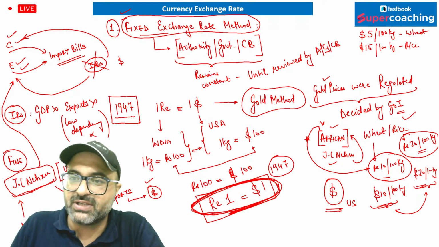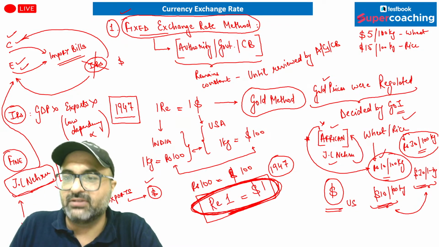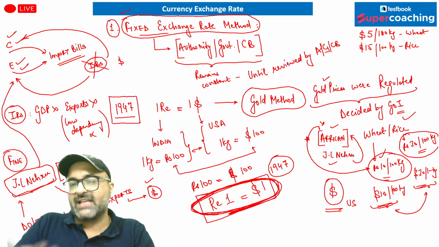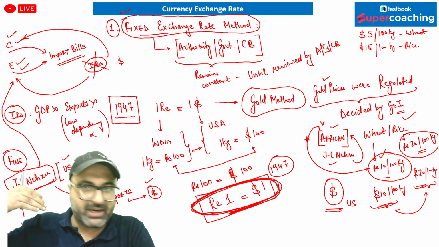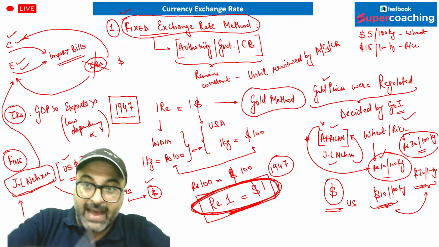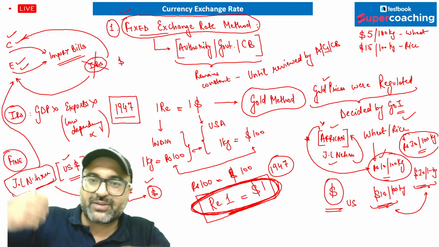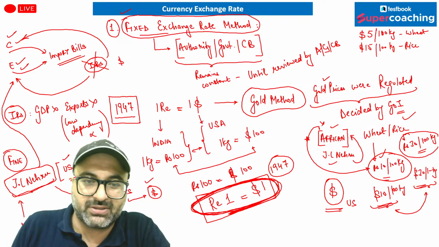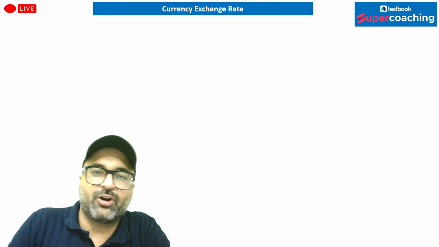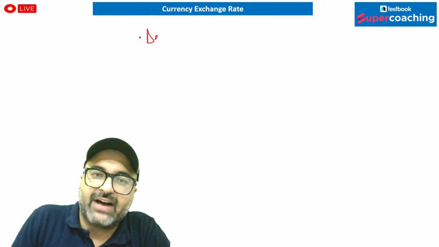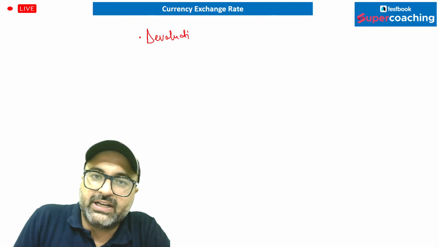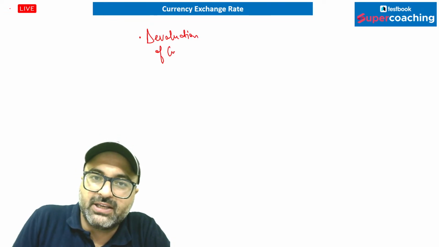One solution is you can decrease the price in India from 10 rupees to 5 rupees, and simultaneously the price in the international market will decrease, but that will hamper your domestic market. So in order to avoid this situation, devaluation of currency was done.